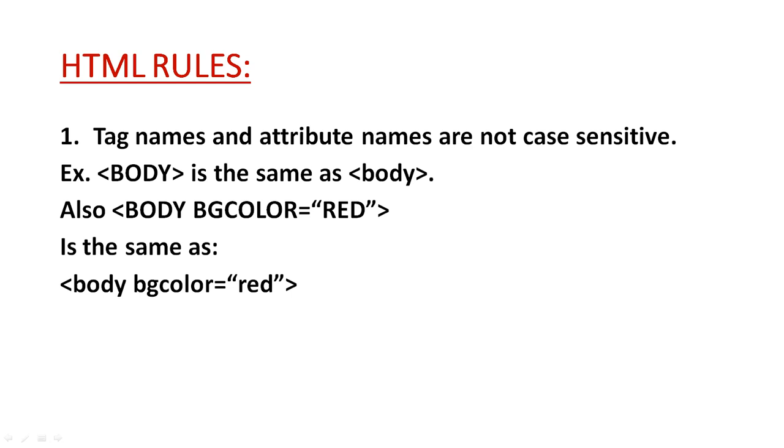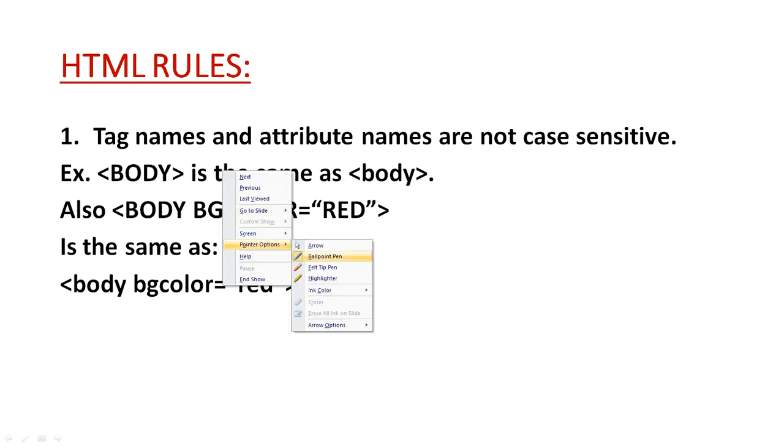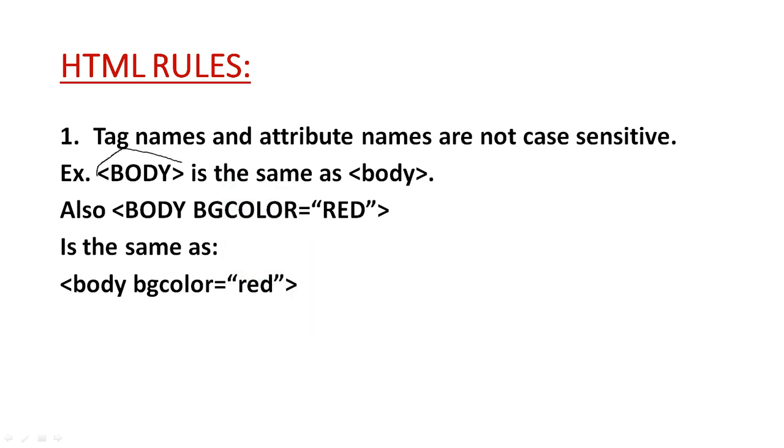For example, the body tag in capital is the same as the body in small letters. Also, bgcolor equal to red is the same as bgcolor equal to red in small letters. That's what we call case sensitive.